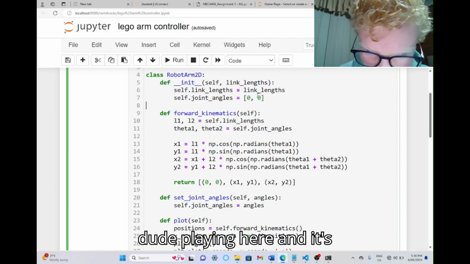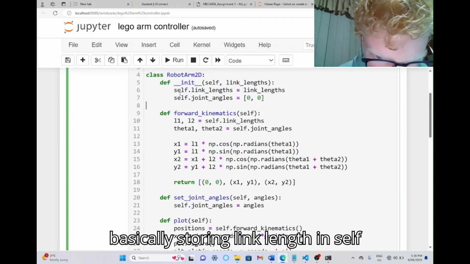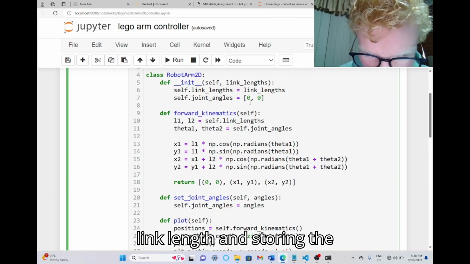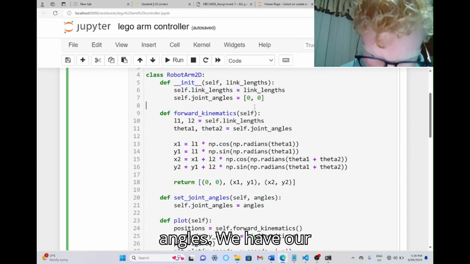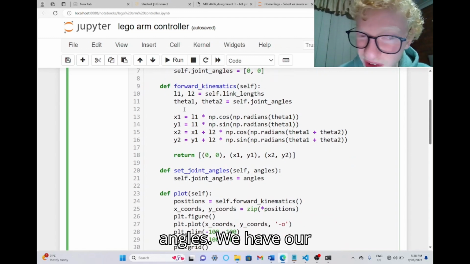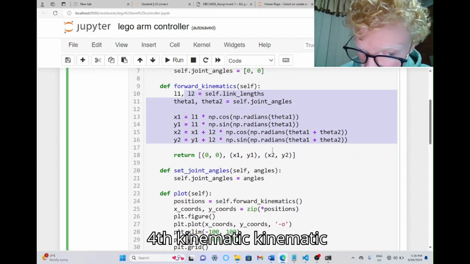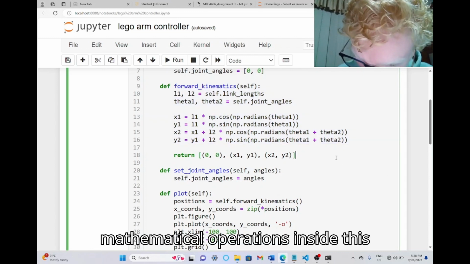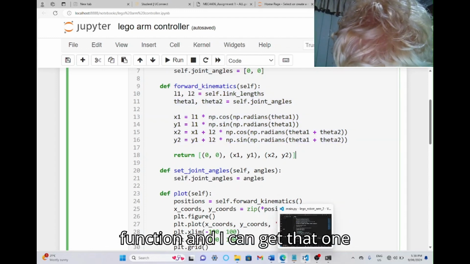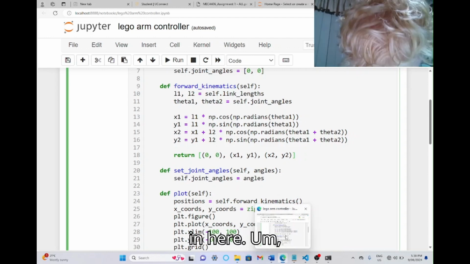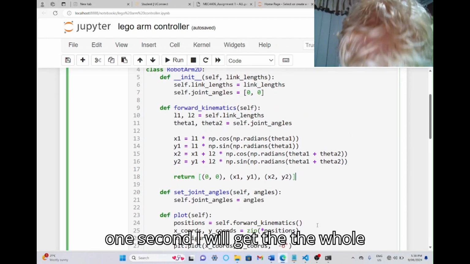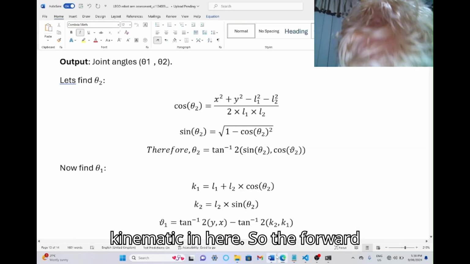It's basically storing link length in self link length and storing the coordinates 0 and 0 in self joint angles. Then we have our forward kinematic mathematical operations inside this function. One second, I will get the forward kinematic in here.